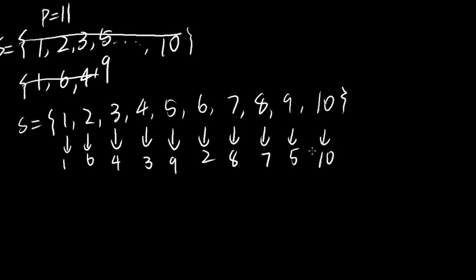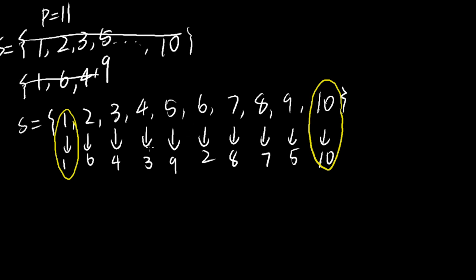Let's look at these two sets. The first observation is that there are two numbers whose inverse is the same as itself. The first is 1, right? 1's inverse is always 1 because 1 times 1 equals 1. And the other is 10.